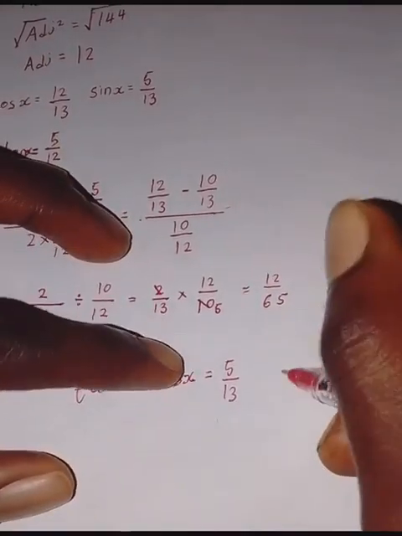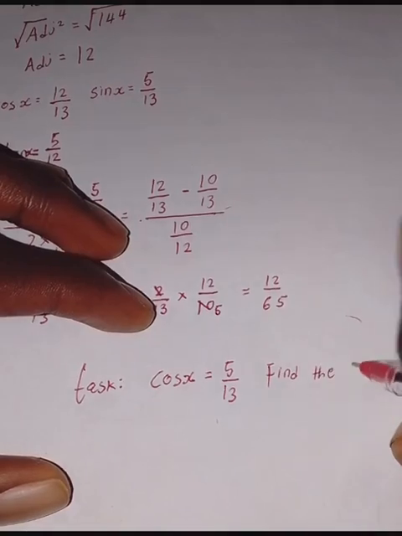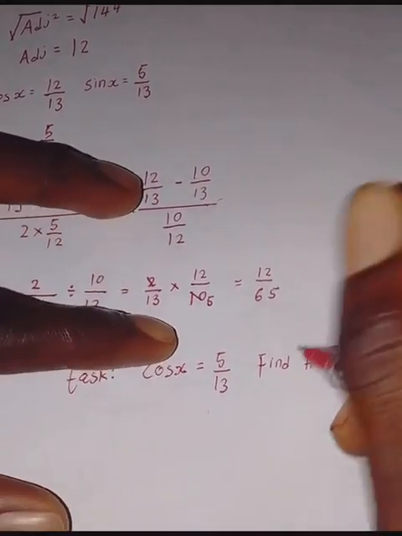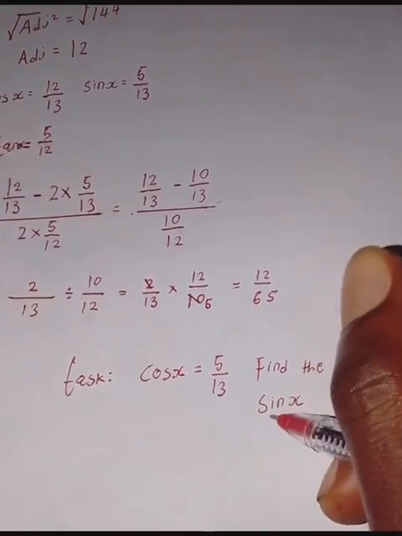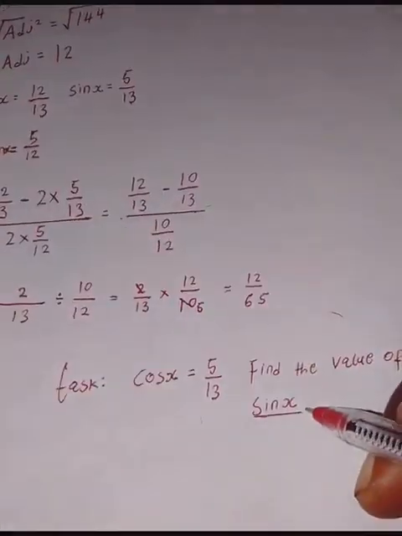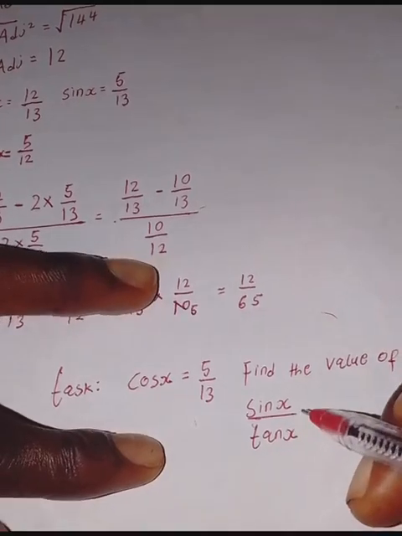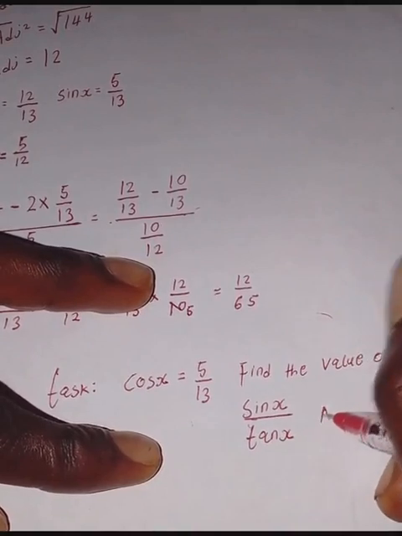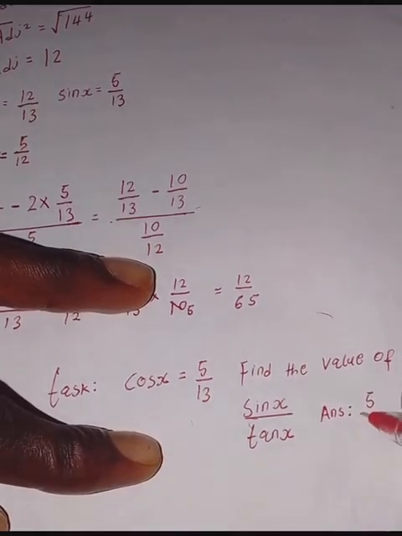It asks you to find the value of sin x over tan x. Your final answer should give you 5 over 13.